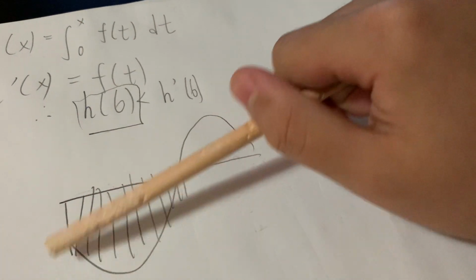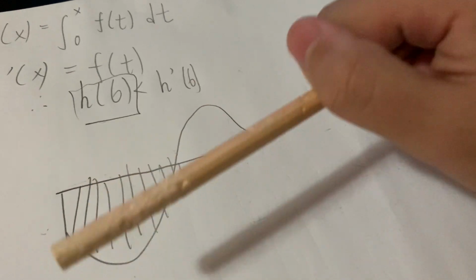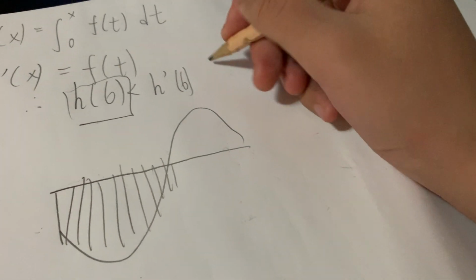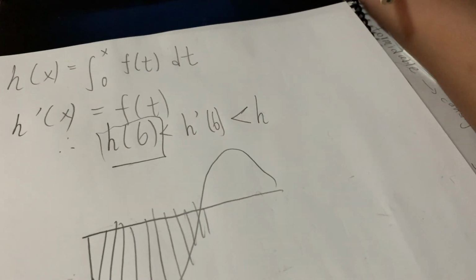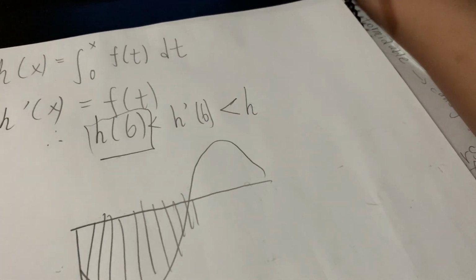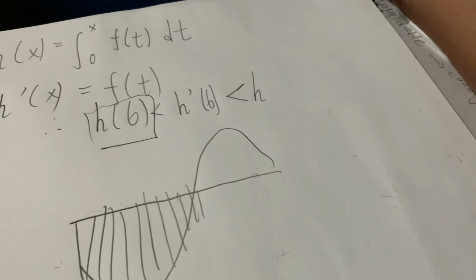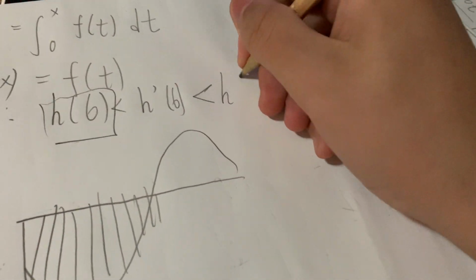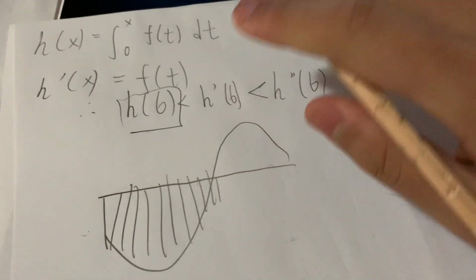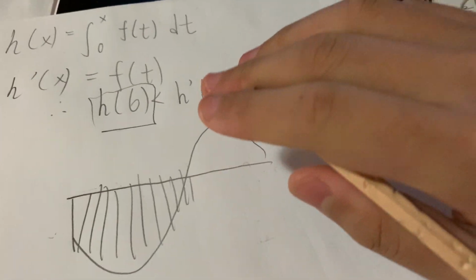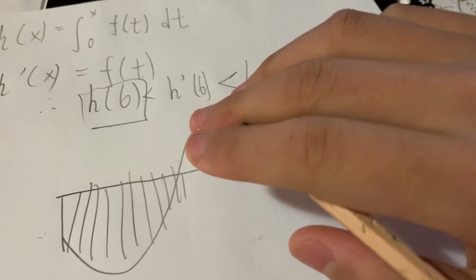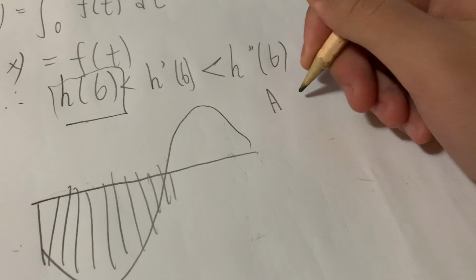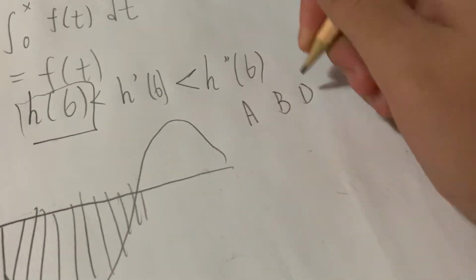So it isn't about the entire area, so it will be larger. So we know that h(6) is less than h'(6). Now, if we get this statement correct, we are able to eliminate C and E. So we still have A, B, and D left.